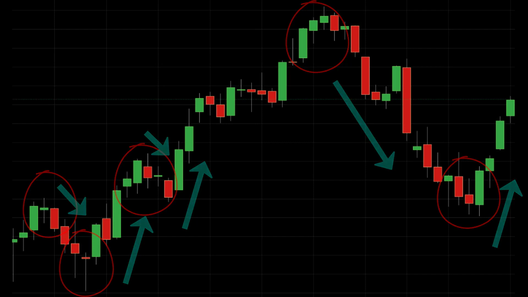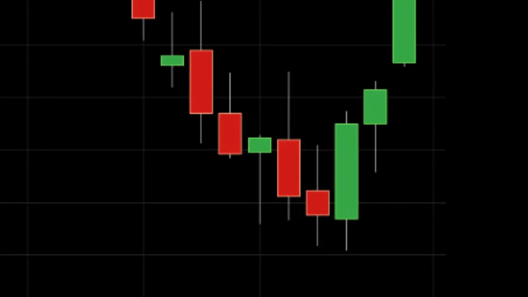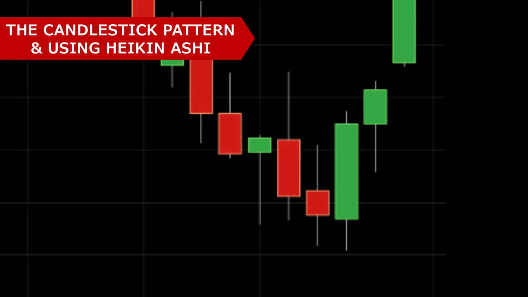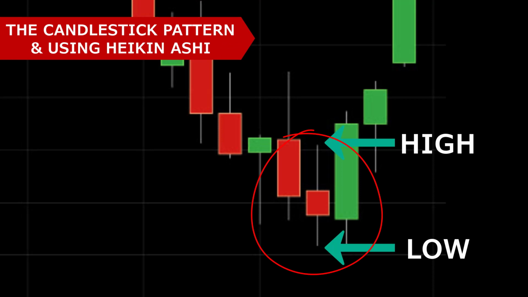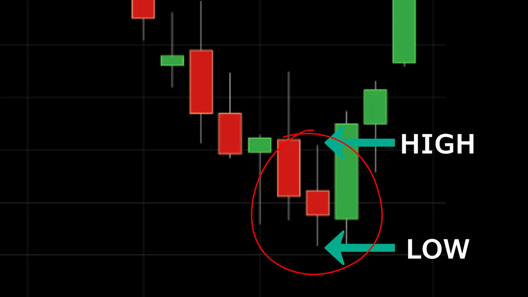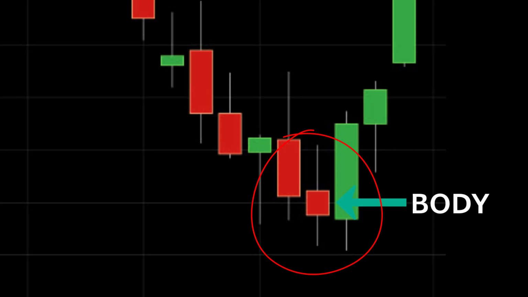Now, if we dig a bit deeper into the candlestick, why is it saying the market is indecisive? Just remember that the candlestick is a storytelling tool. So let's have a look at, say, a spinning top and translate what it is telling us. We can see the high and the low, so we've had a day with a reasonable range in terms of price, but have a look at the body. It's in the middle.